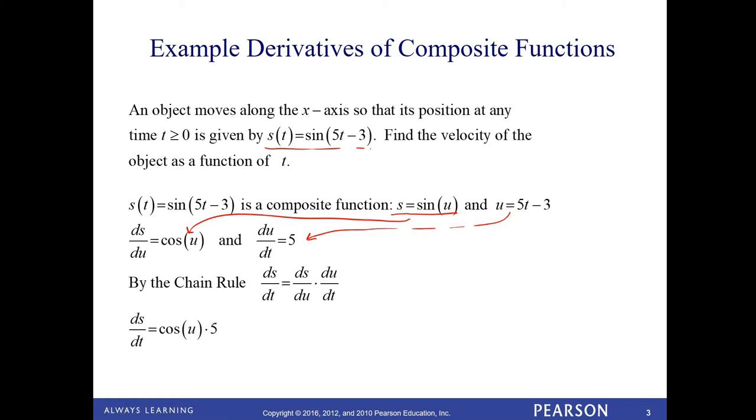So I'm just going to multiply my ds/du times my du/dt, and then substituting my u back in, I get 5 times the cosine of 5t minus 3, and they put the 5 in front because it's a coefficient. So that's using composite functions, breaking it down with the u substitution.